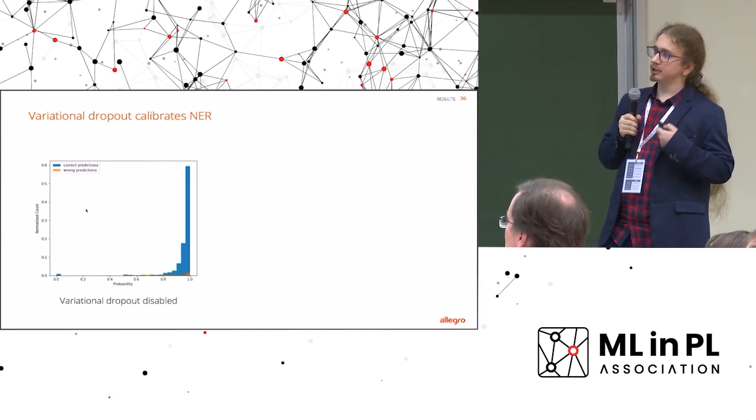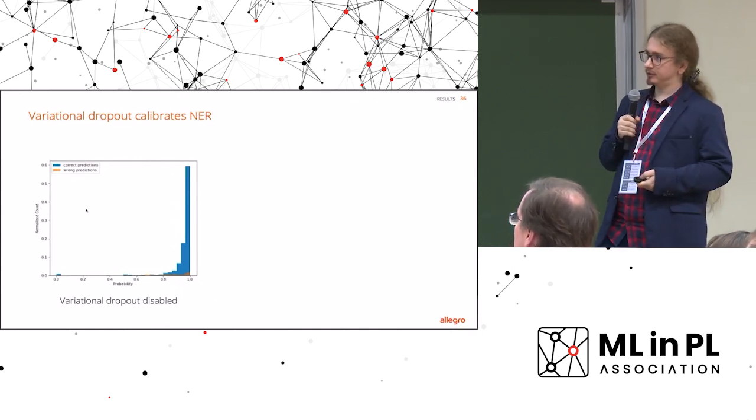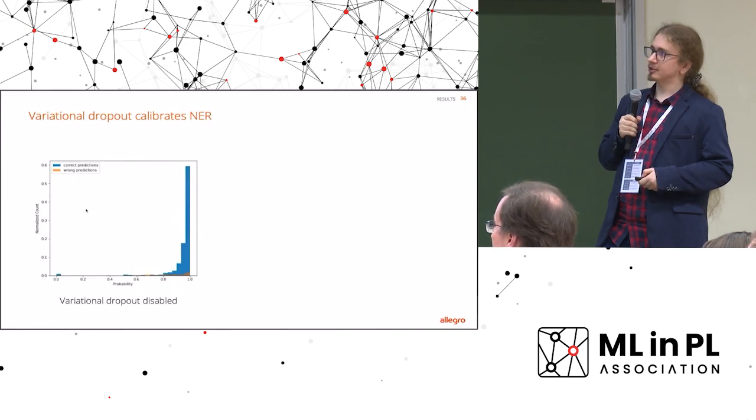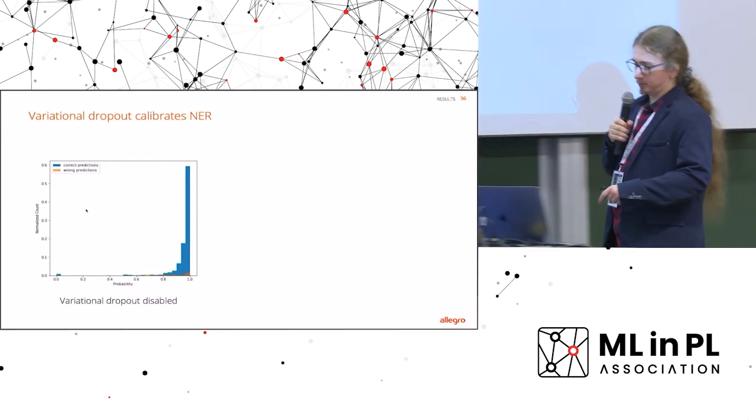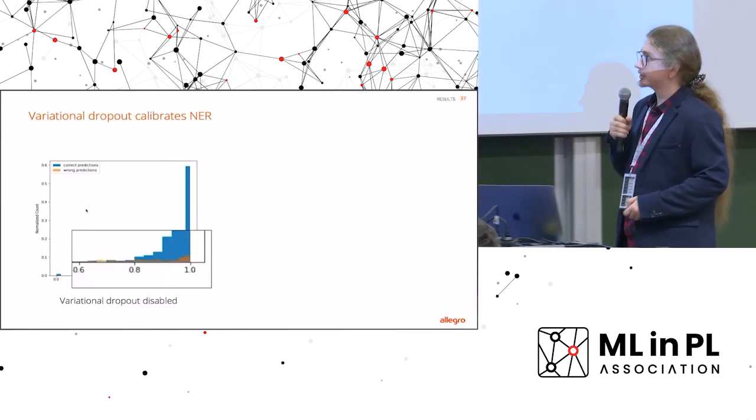When we don't have variational dropout enabled, you can see that the model is not very well calibrated because most examples fall into these high probability buckets. And this is true for both correct and incorrect predictions.